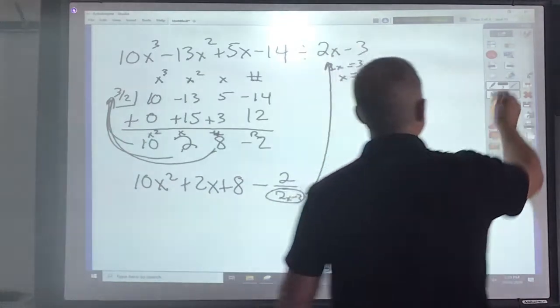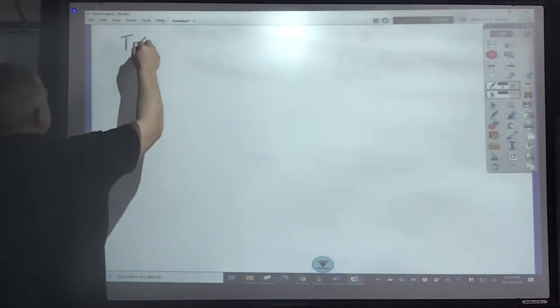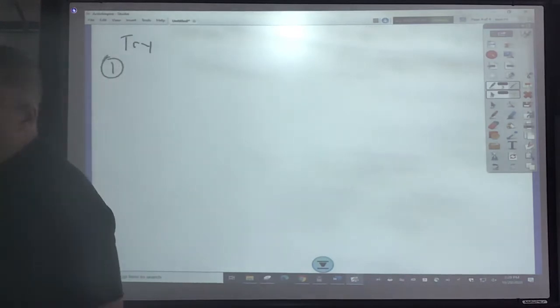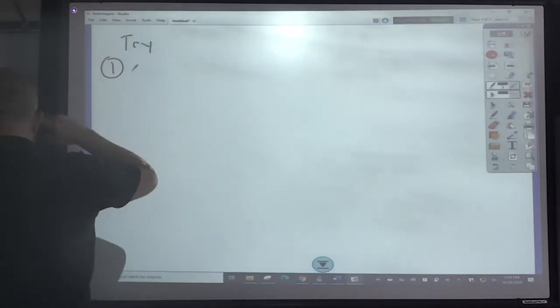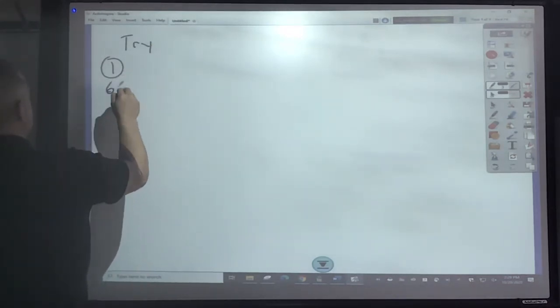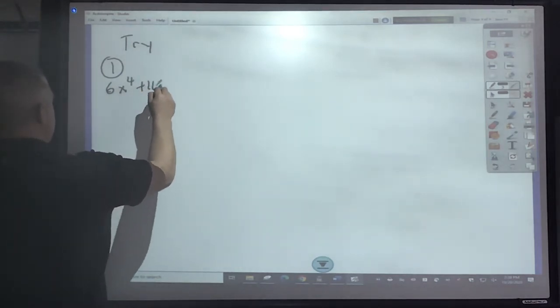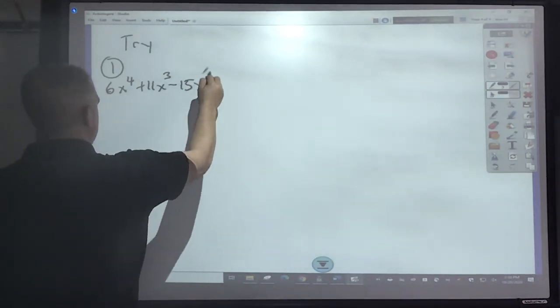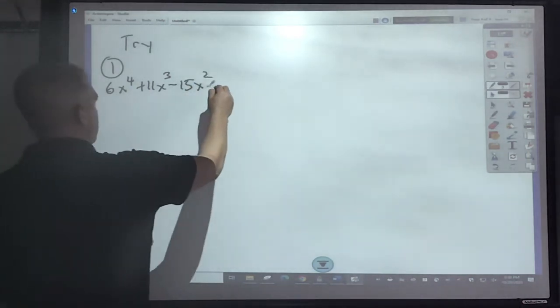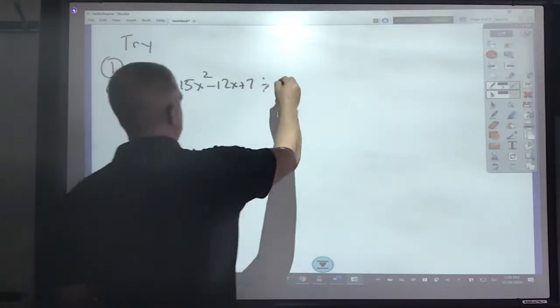Okay? All right, so here's what I'd like you to do. I would like you to try these two questions. Let's do 6x to the fourth plus 11x cubed minus 15x squared minus 12x plus 7 divided by 3x plus 1.